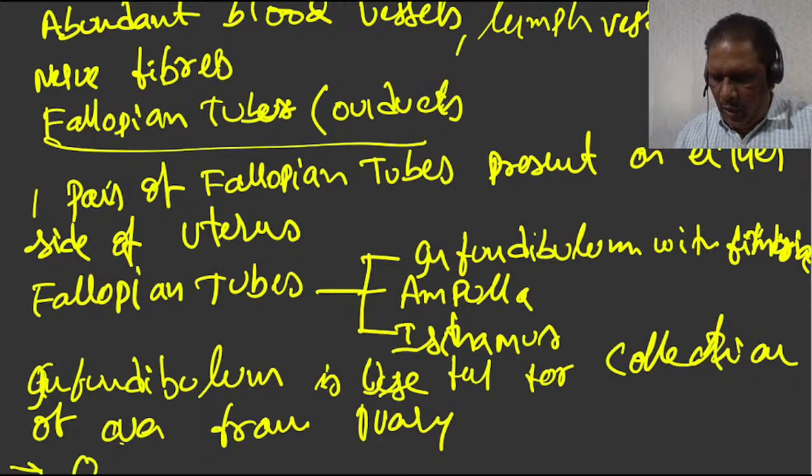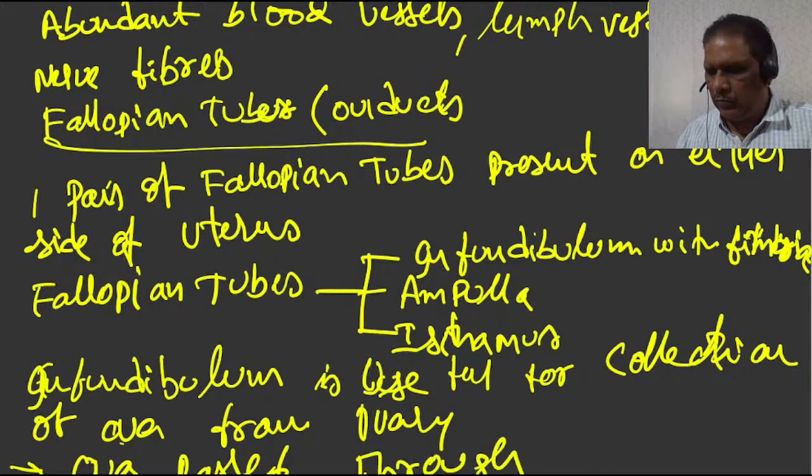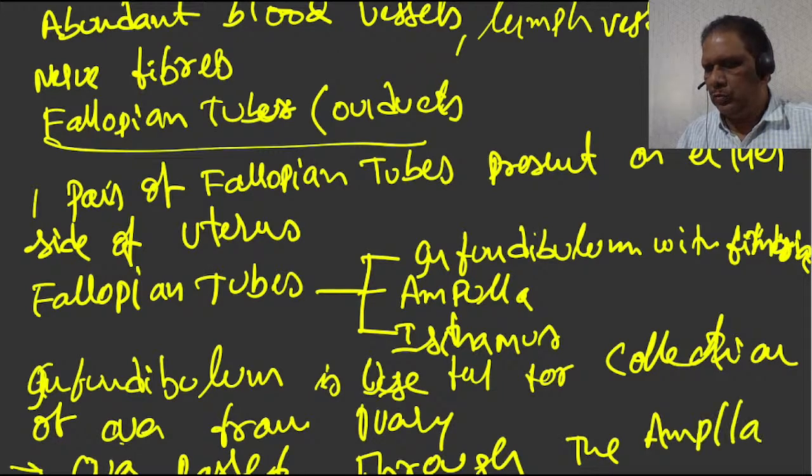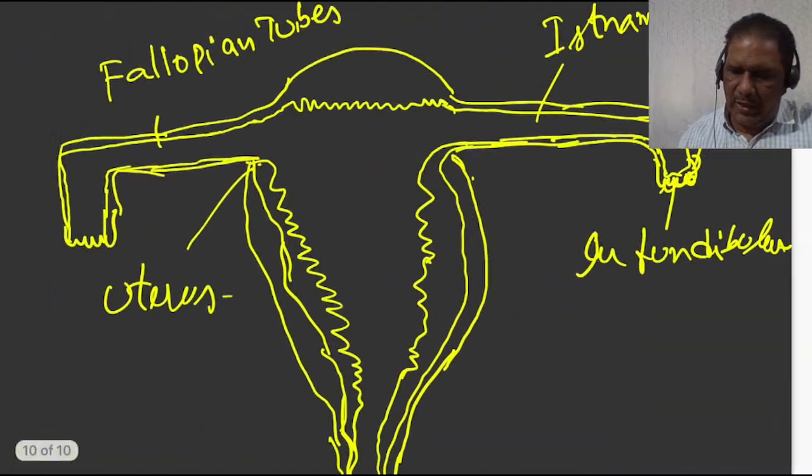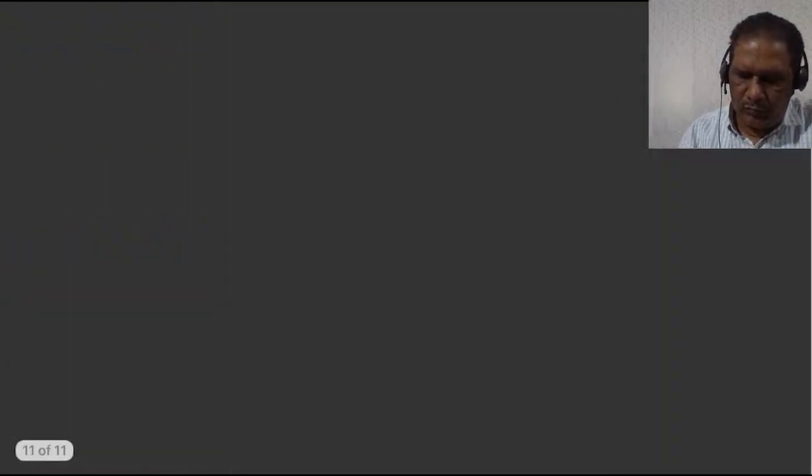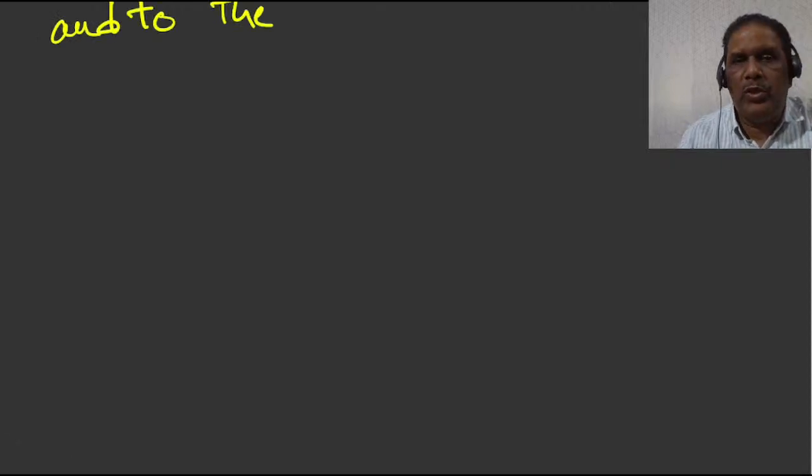And ova passes through the ampulla and to the isthmus.